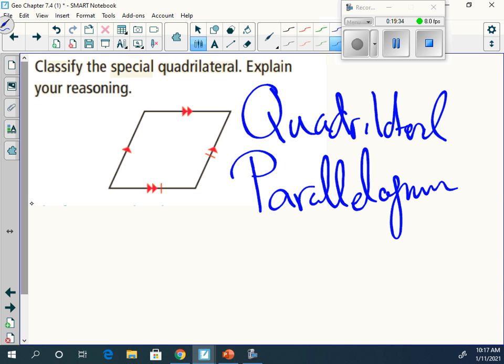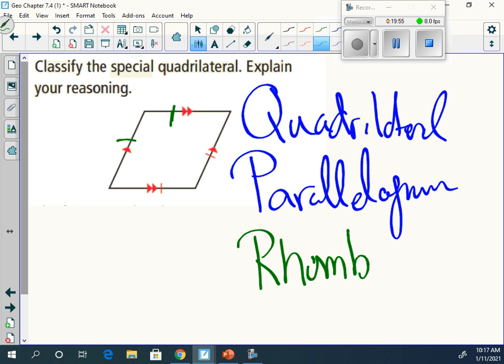Now, do we have any other information on this figure? Rhombus, because the opposite sides would be congruent. We already knew 2 of the sides were congruent to each other, and the sides opposite would be congruent to them. So this here would be a rhombus.